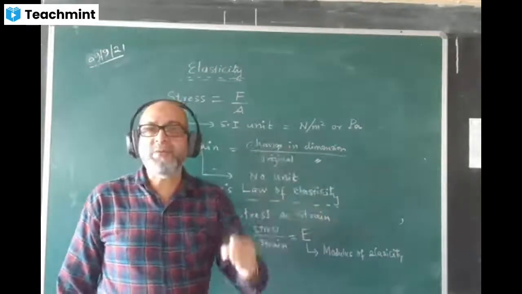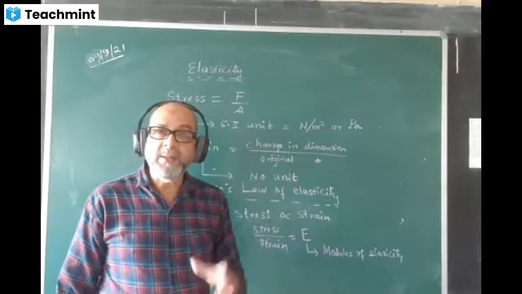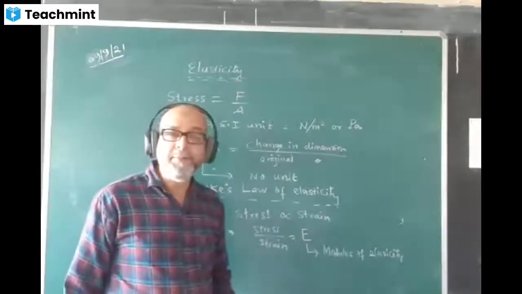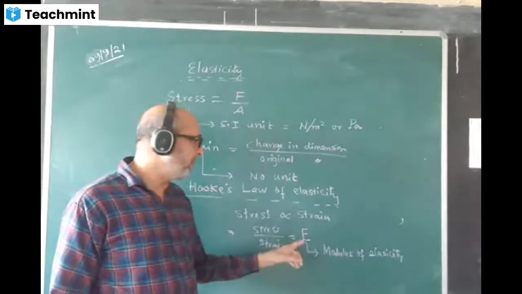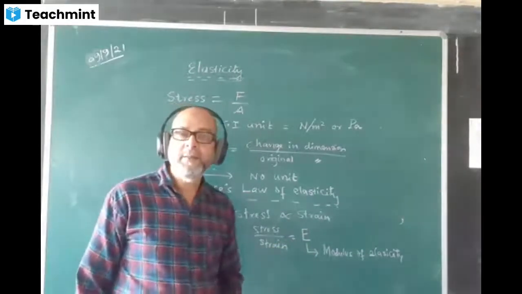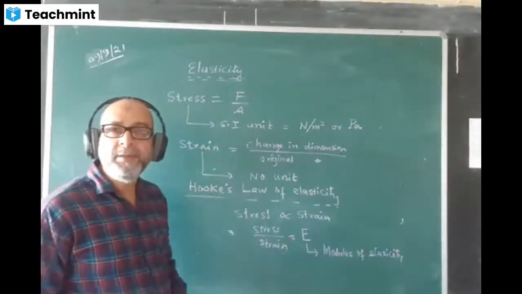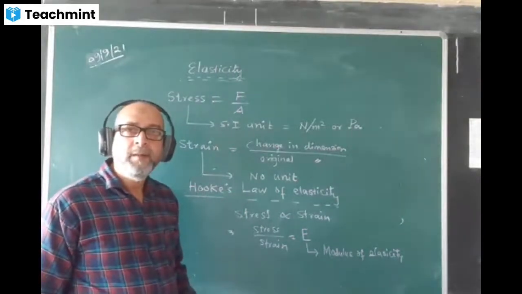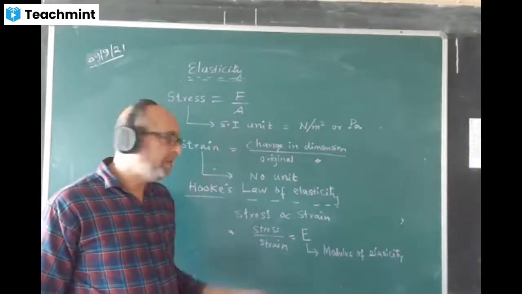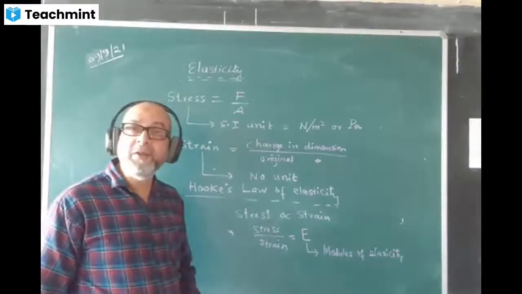If the value of mu is less, we say less friction is available. Similarly, this has the same meaning. Can you guess what is the unit of elasticity? Tell me. Please see the equation and tell me what can be the unit of elasticity.